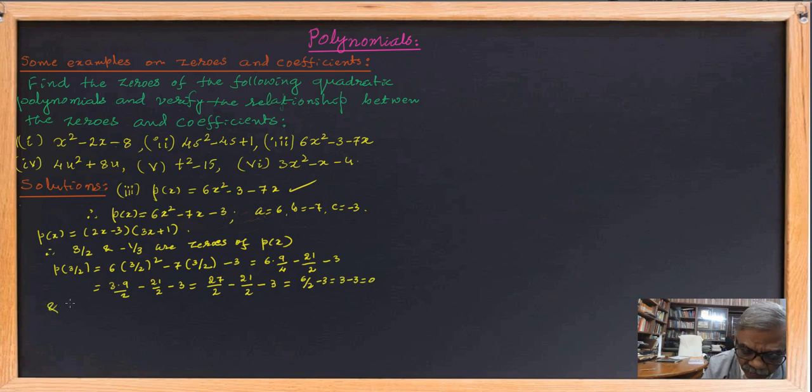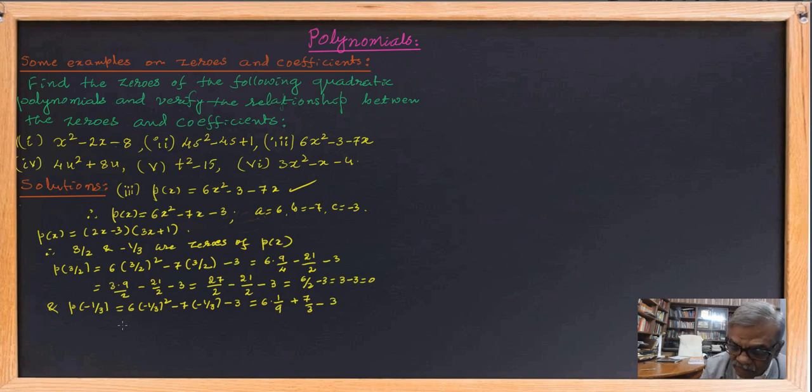And also p of minus 1 by 3, which you can write as 6 into (minus 1 by 3) whole square minus 7 into minus 1 by 3 minus 3. That is 6 into 1 by 9 plus 7 by 3 minus 3.